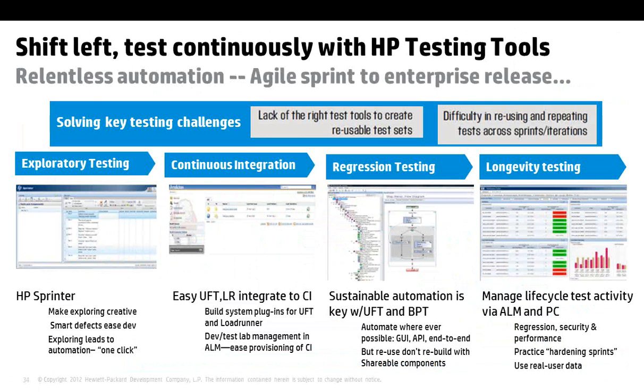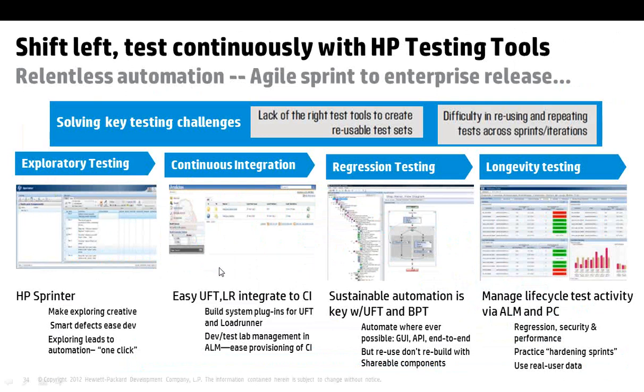HP Sprinter can help us do exactly that by documenting and capturing the testing process, the exploratory test, and also documenting it back to Quality Center or ALM so that it can later be used for test planning and test execution. Today, Sprinter also has the capability to create automated tests out of the manual test cases that were executed within Sprinter.